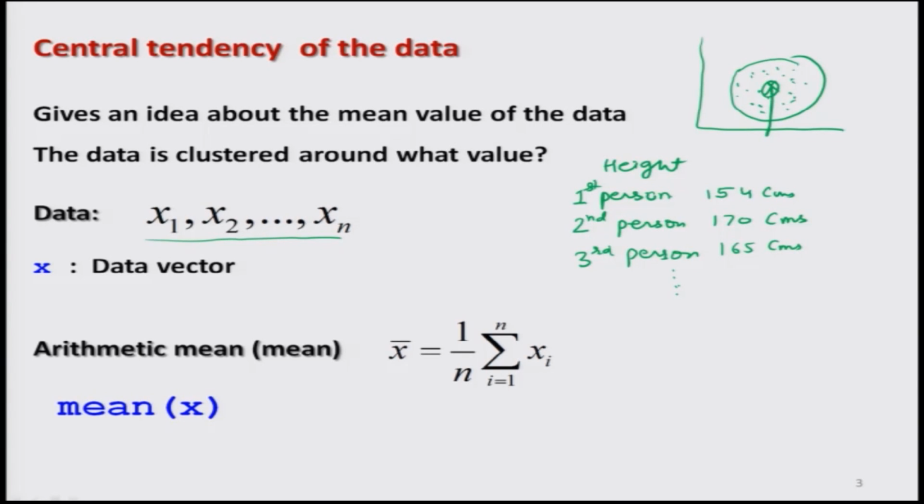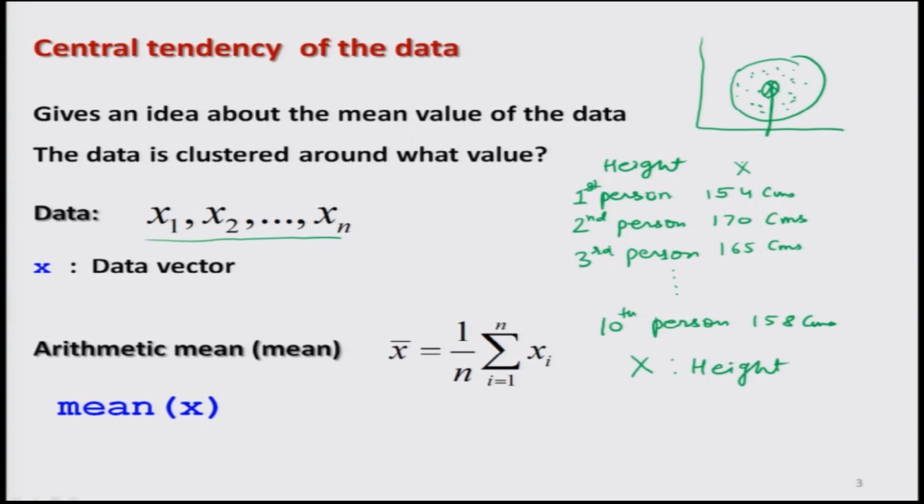And suppose I consider here the 10th person, and suppose the height of the 10th person comes out to be 158 centimeters. So this is indicating that we have considered here a variable x whose name is height, and then we are trying to obtain the data on this variable height.